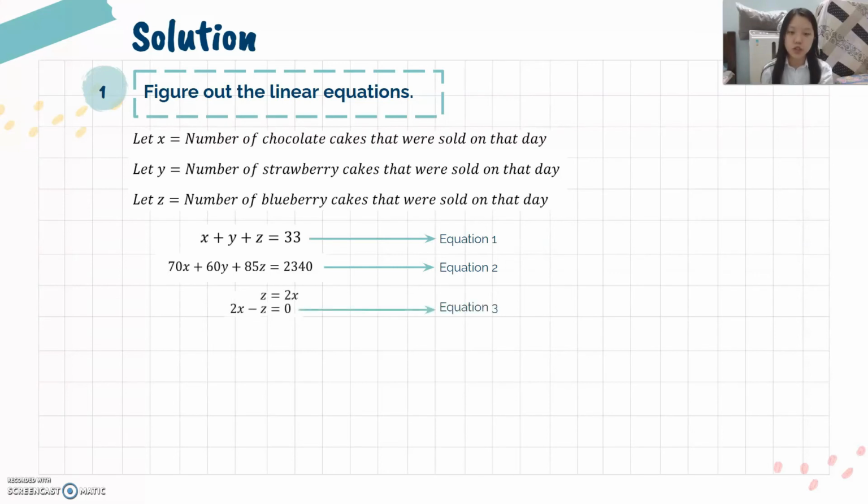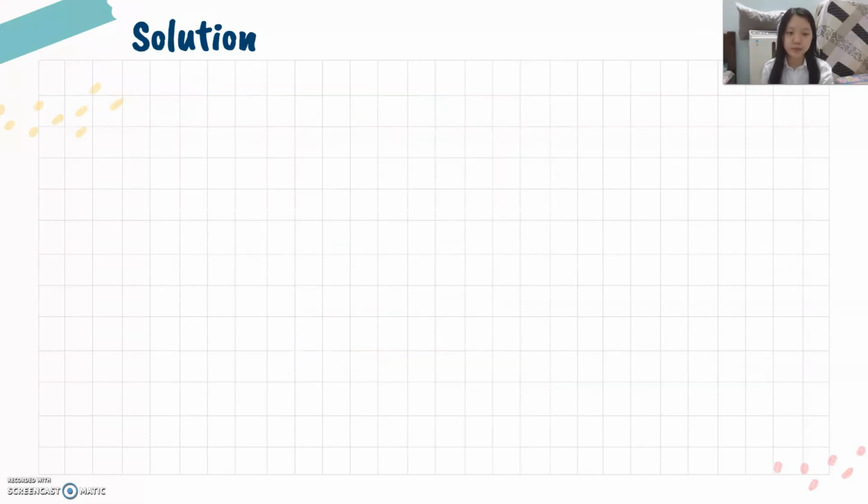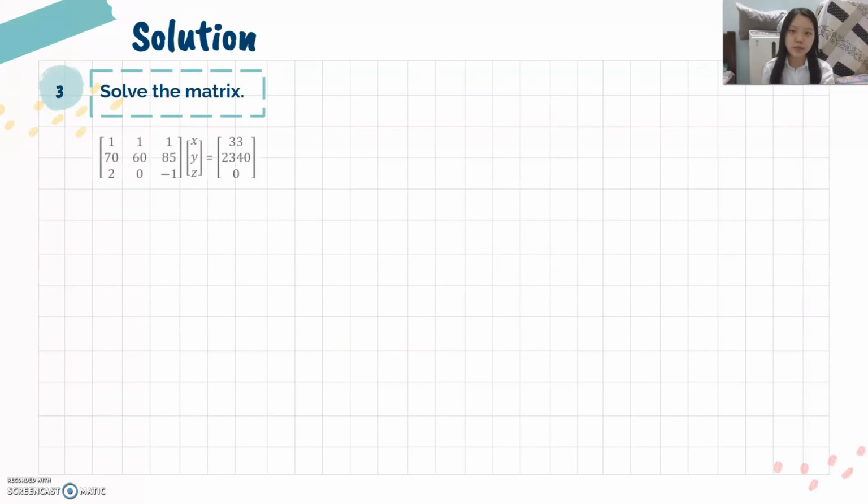And equation 3 is that the number of blueberry cakes is double the number of chocolate cakes, so we have 2x minus z equals 0. After that, we convert these linear equations into matrix form, which is like this. And then we solve the matrix.